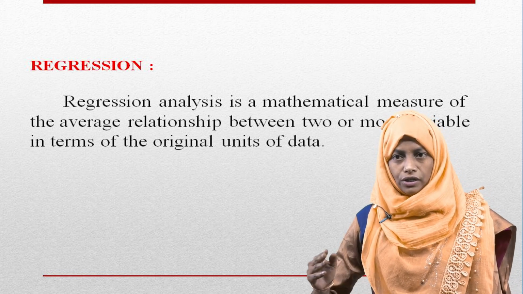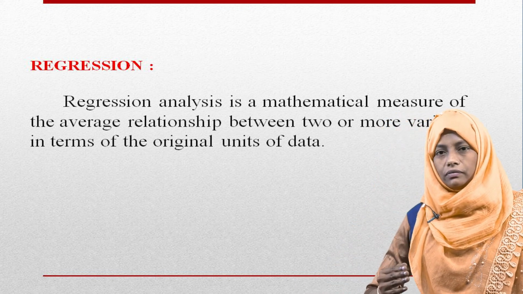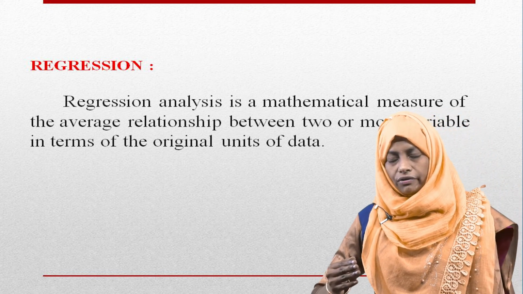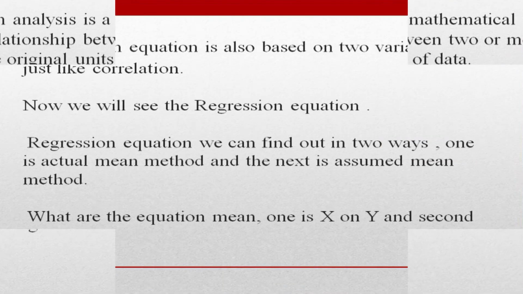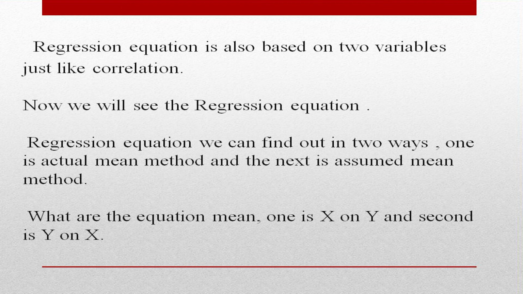Now, we will see the regression equations. We can find regression equations in two ways. One is the actual mean method and the next is the assumed mean method. There are two equations: one is x on y and the second is y on x.